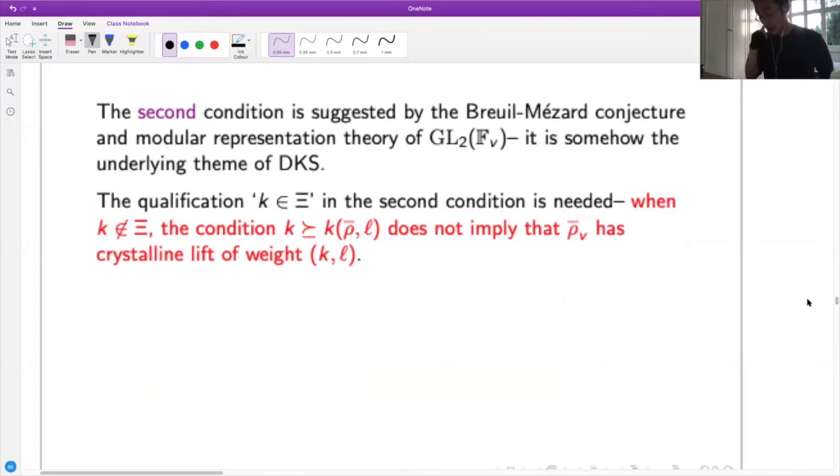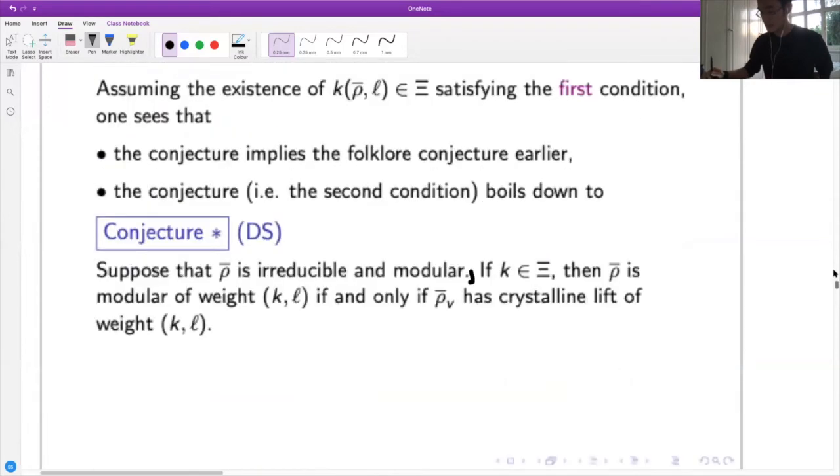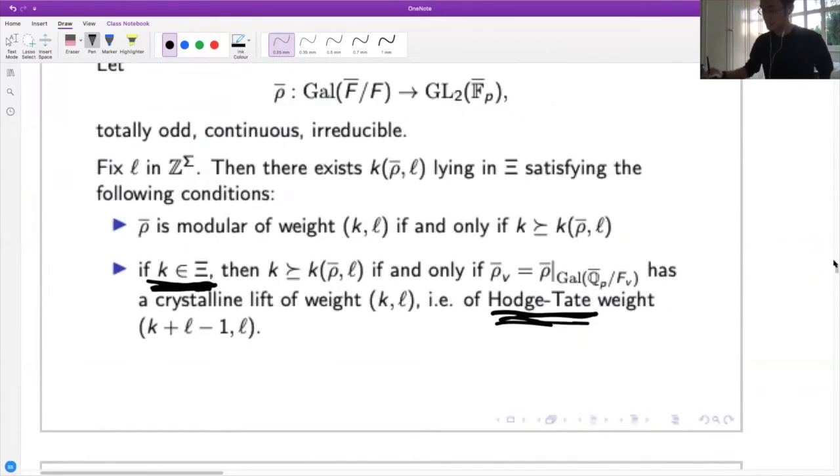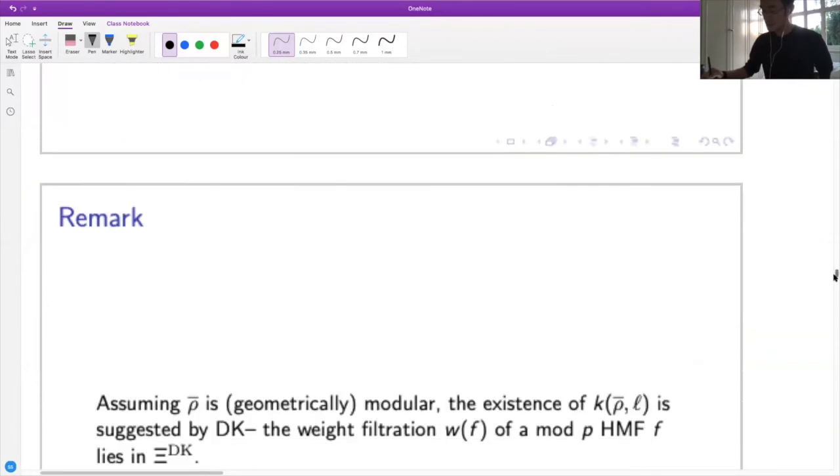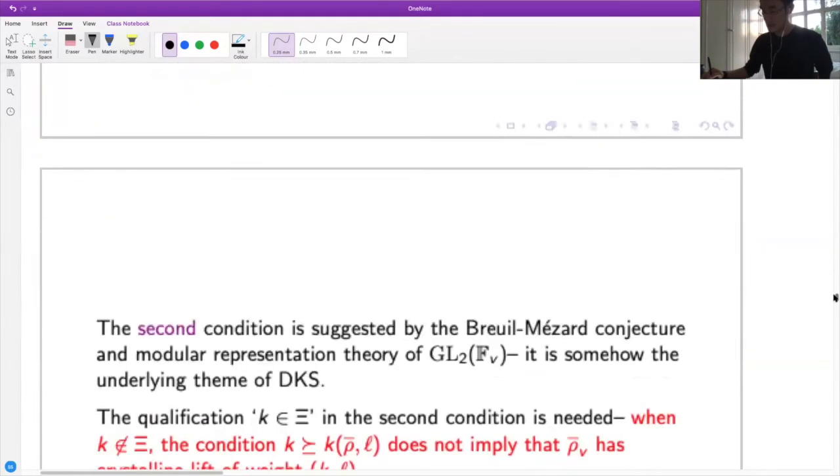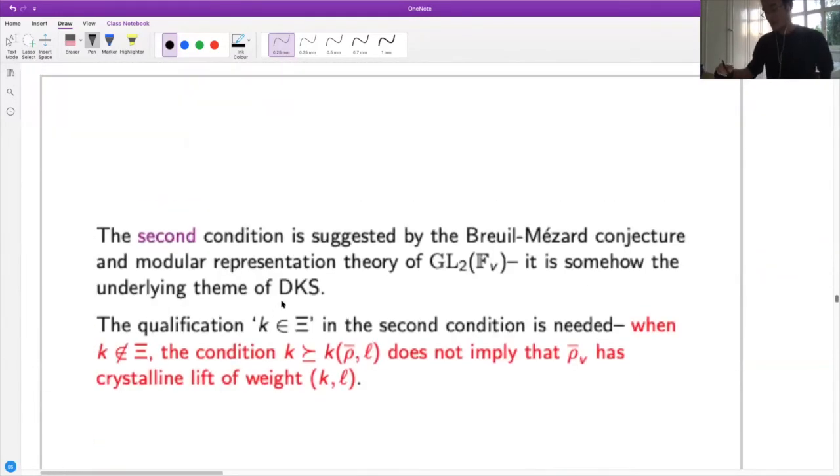Now, one more remark I should make is that in the second condition, it says that as long as K lies in C, then the existence of a crystalline lift and K being curly greater than or equal to K_ρ̄,L are equivalent.